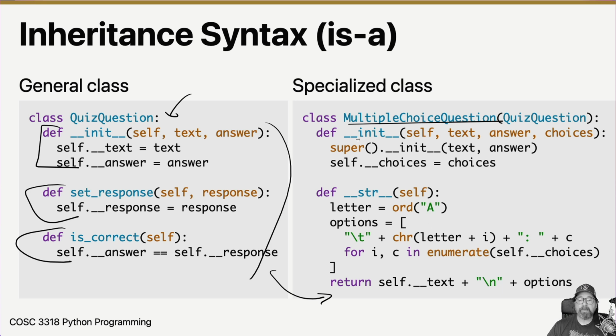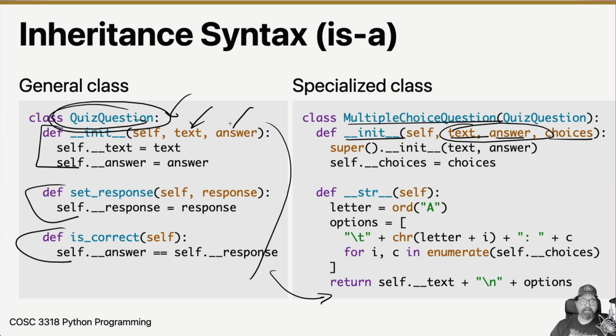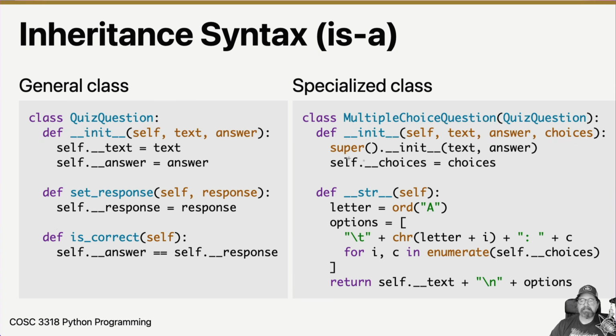And so now we have our initializer with the text and the answer and the choices. Well, the text and the answer, that belongs to the quiz question. You can see that here, text and answer. And so what we end up doing is we end up doing this super parentheses thing, init text answer. And what that does is it calls that function in the parent class.